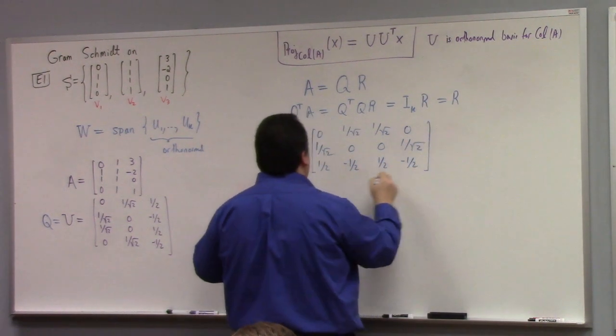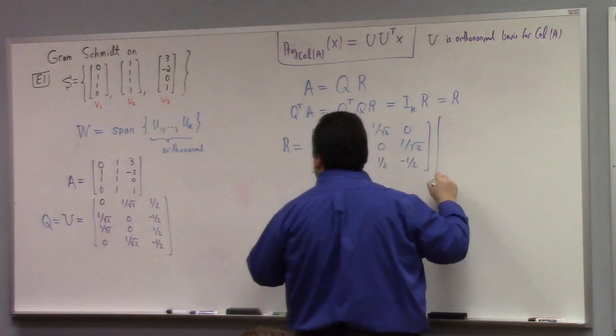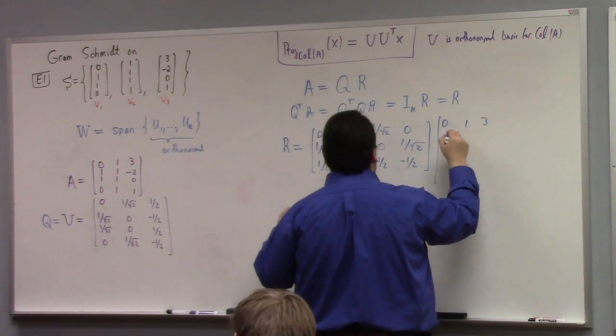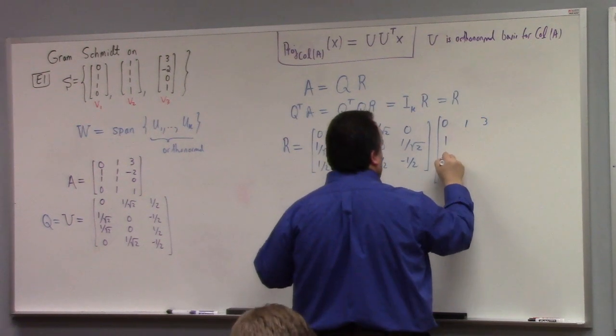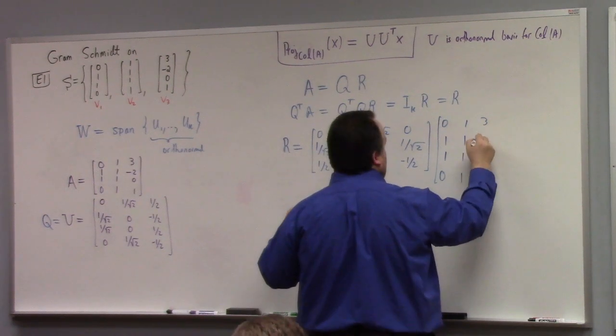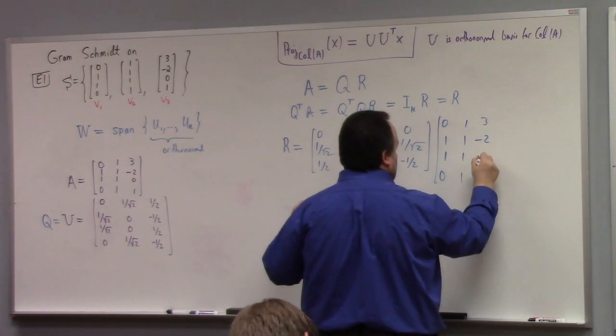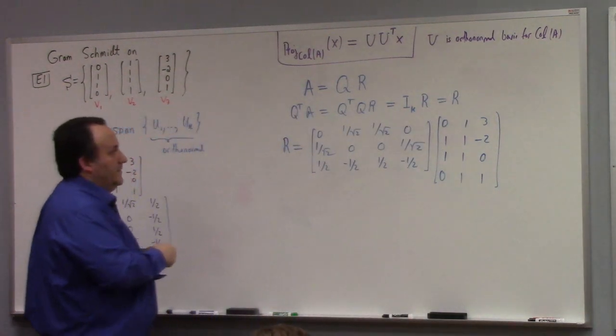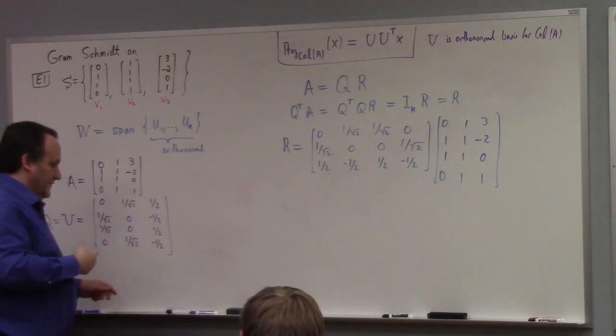So I have to take that 3 by 4 matrix, multiply it by my 4 by 3 A: 0, 1, 3, 1, 1, 0, 1, 1, 1, 3 minus 2, 0, 1. All right. So what's my R?